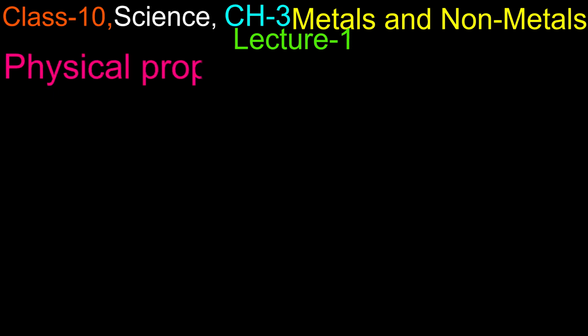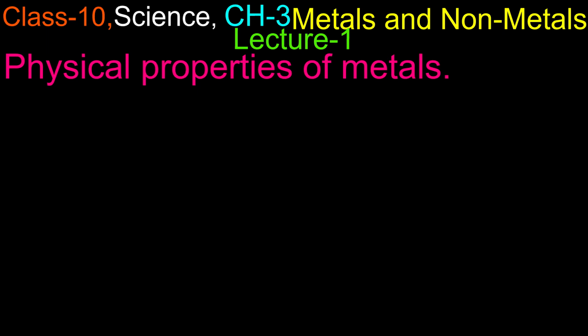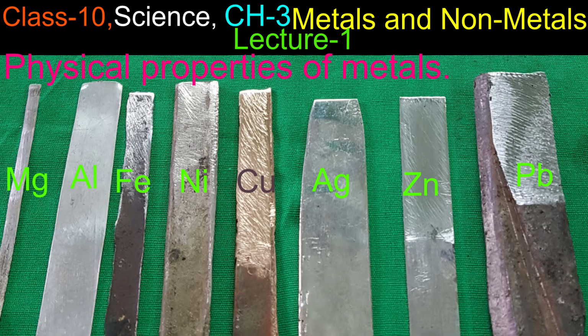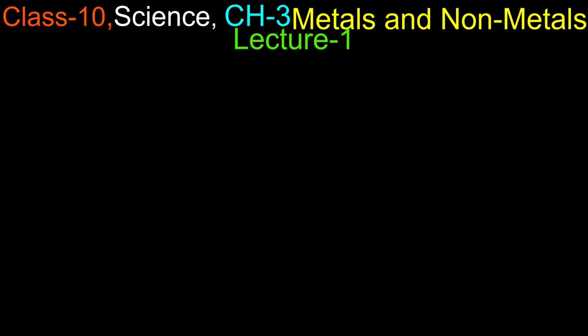First, let us learn physical properties of metals and how these are different from non-metals. Look, here are some elements. On your left are metals and on your right non-metals. The upper parts of these metal pieces are cleaned and lower parts not cleaned.